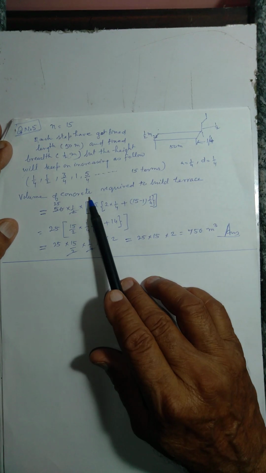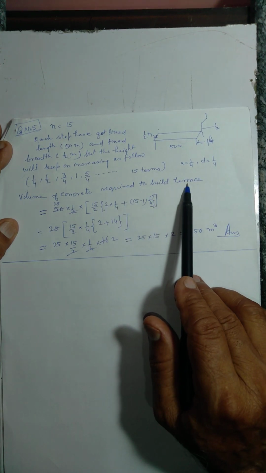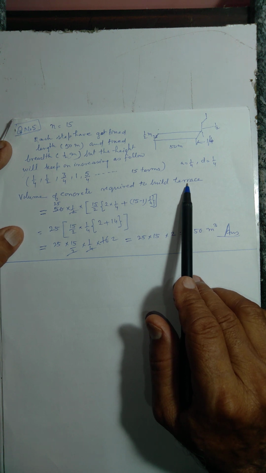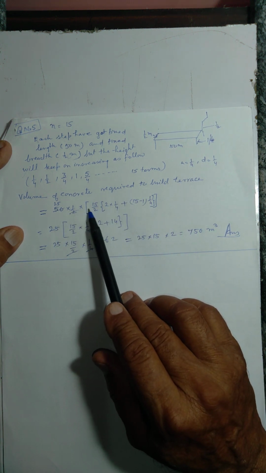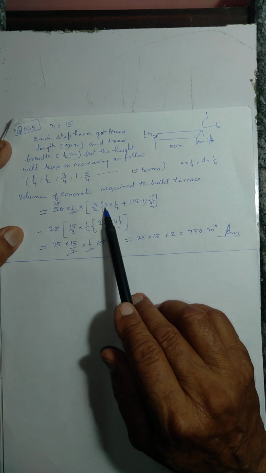So the volume of the concrete required to build the terrace will be equal to length into breadth into height.